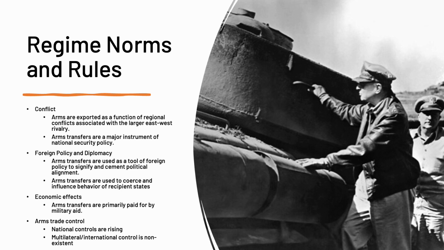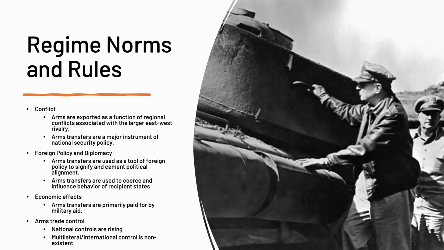When we look at arms trade control, we see that national controls are rising. States like the US and Russia are beginning to strictly control the production and export of arms out of their states. And they're also beginning to control the export behavior of other states which are politically aligned with them. If we look at states like Britain in terms of arms transfers during this period, Britain is not going to get away with exporting its arms all around the globe without checking with the US first.